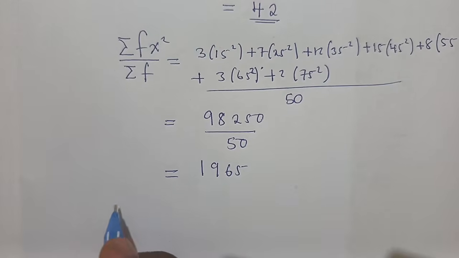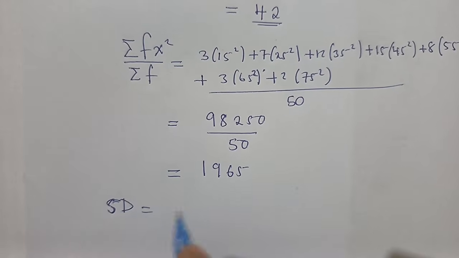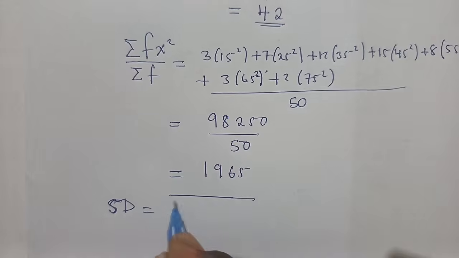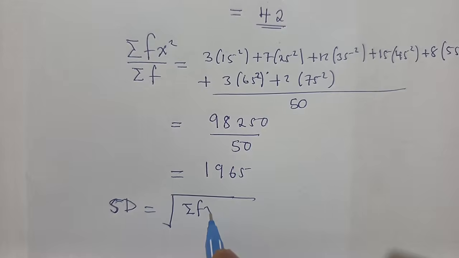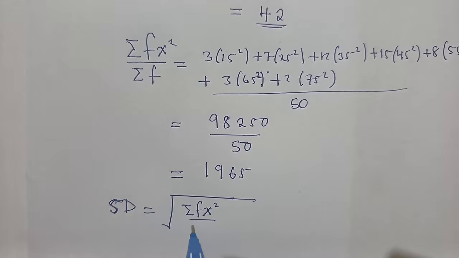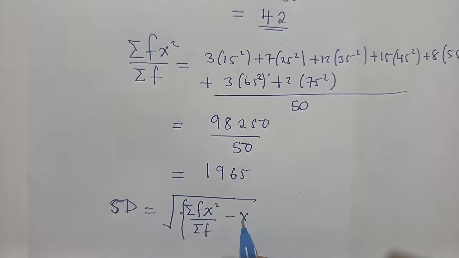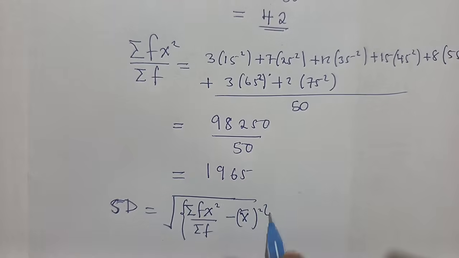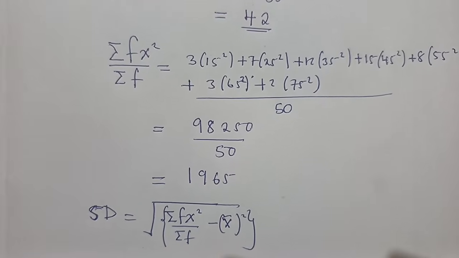So now let me write the formula for standard deviation here so that we understand what we're supposed to do. So this is the formula right over here. I want you people to understand how you're supposed to use this formula, because some people do struggle on how to use this formula.